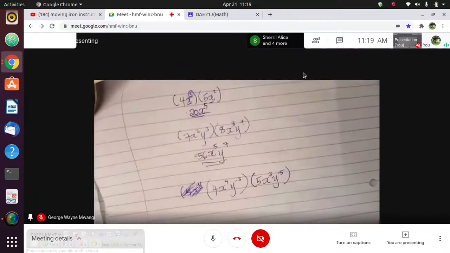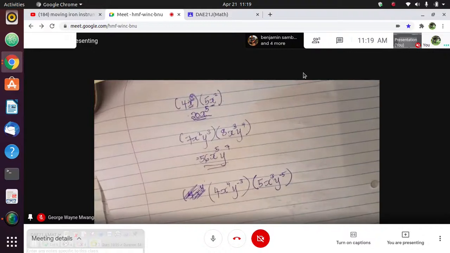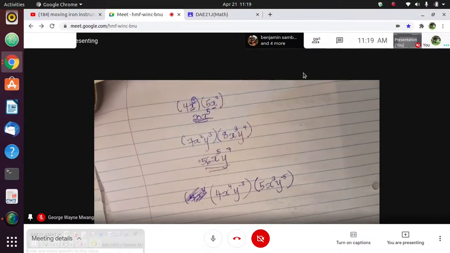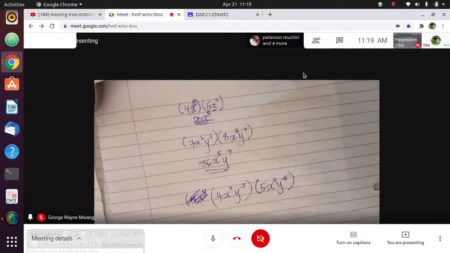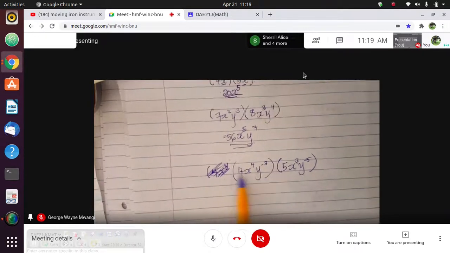We've been told to simplify that algebraic expression. What will be the answer? First, deal with the coefficients, the constant numbers.